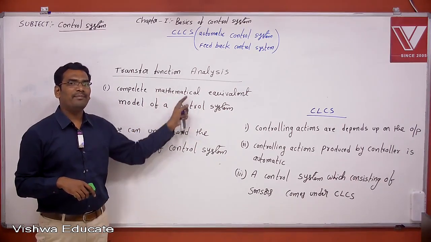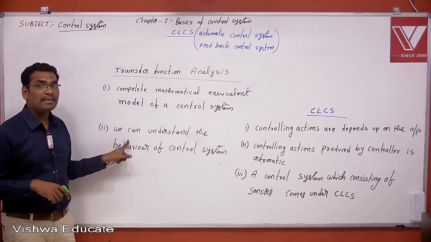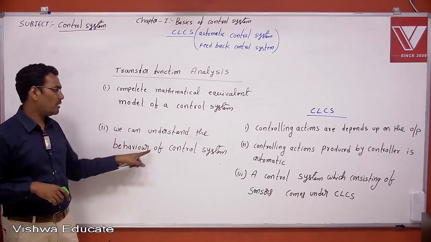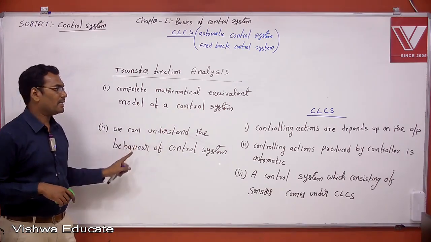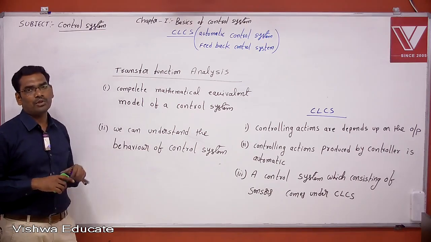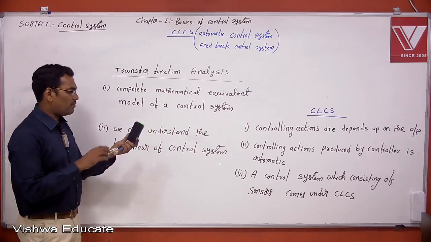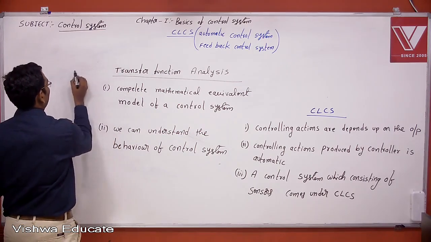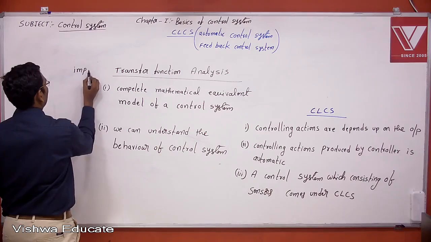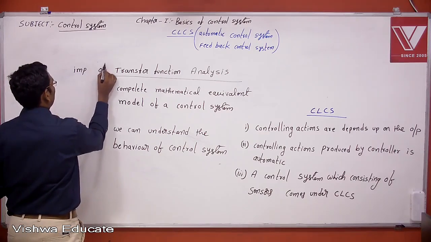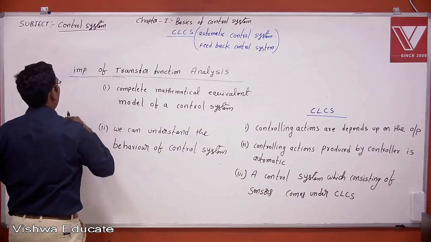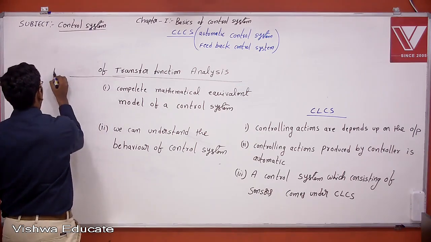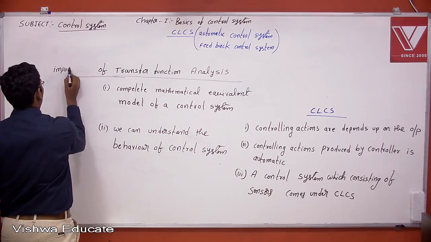Based on that model, I can understand the complete behavior of the open loop control system and of the closed loop control system. This is the advantage or importance of transfer function analysis.